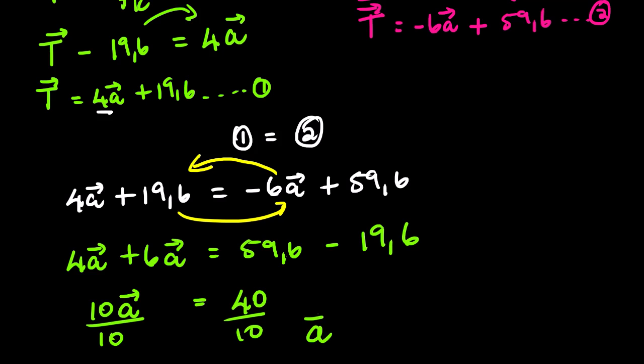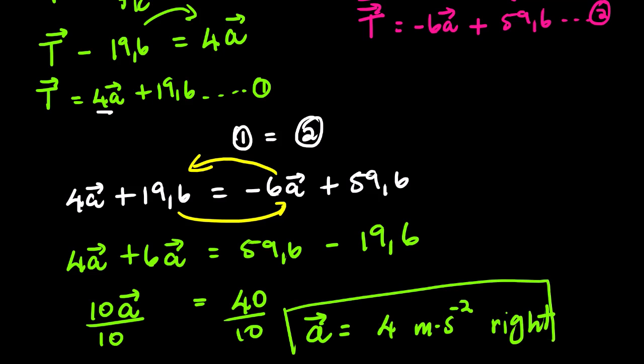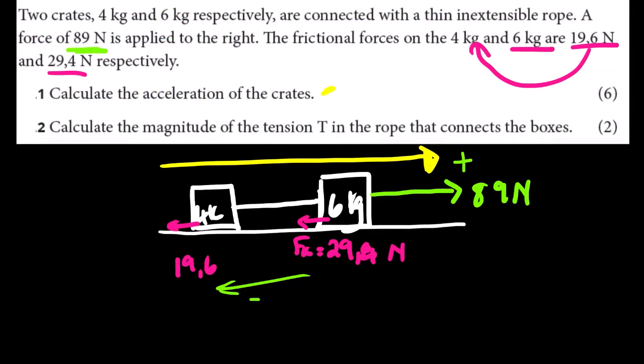We get that a equals 4 meters per second squared. Since it's positive, it means to the right. So this is the acceleration of the system: 4 meters per second squared to the right.